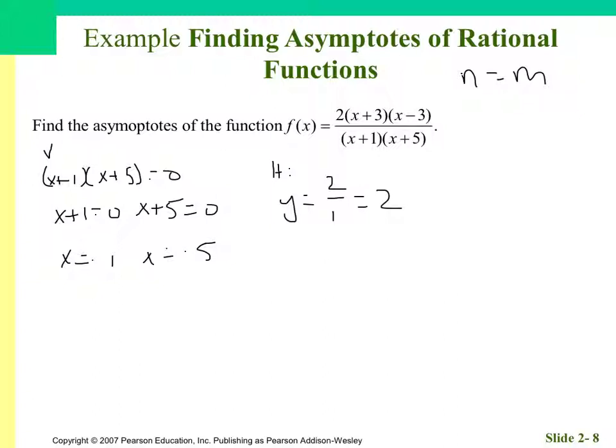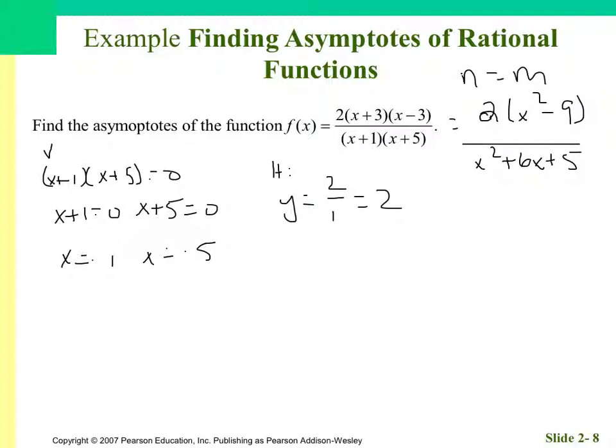Now you could have multiplied it all out, because if you did, the top would have been 2 times x squared minus 9. And the bottom would have been x squared plus 6x plus 5. See how the degrees are 2, 2, 1. That's how I got that.